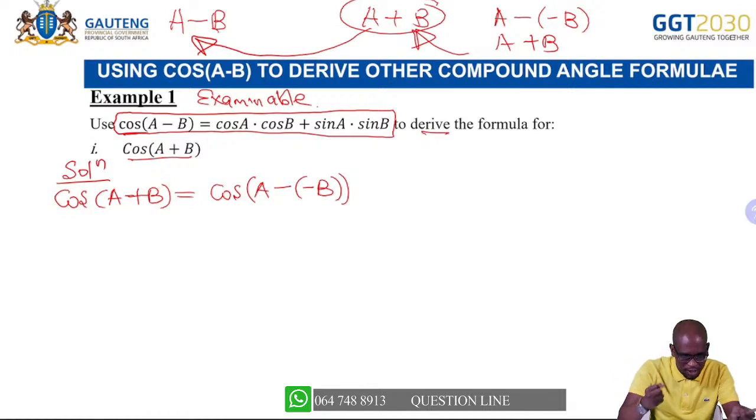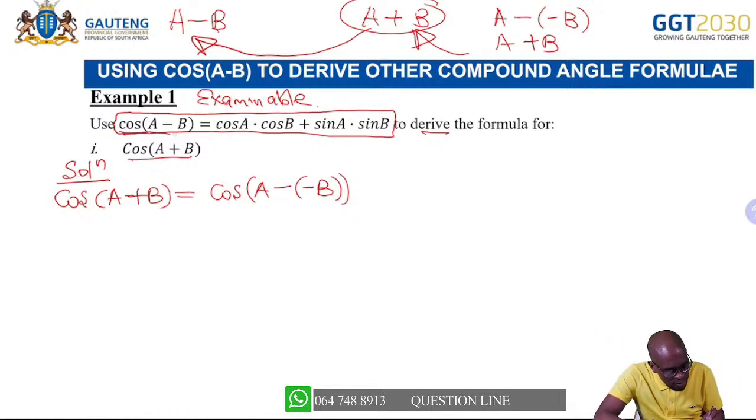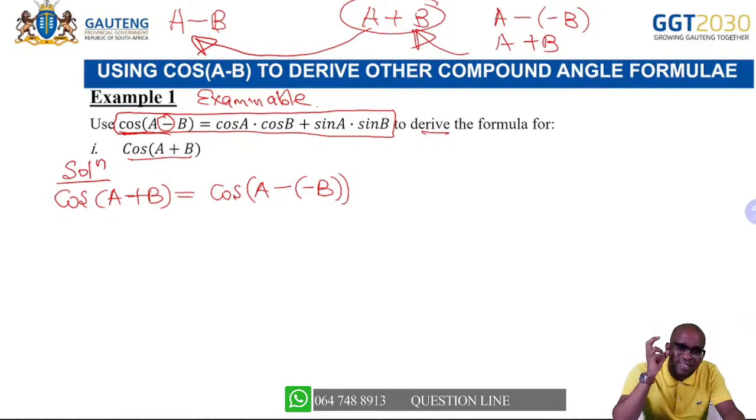So what we are doing is trying to express the compound angle A plus B as a compound angle A minus, because the formula that we know has A minus B. It is subtracting the two angles, but the one that we need is adding the two angles.